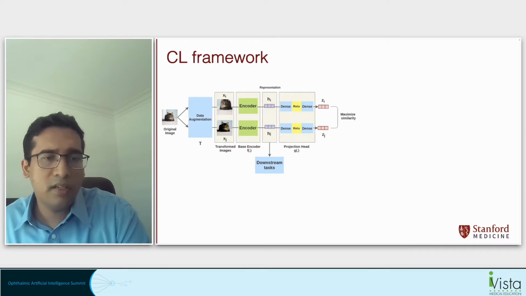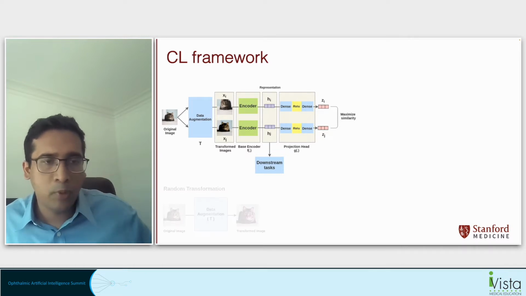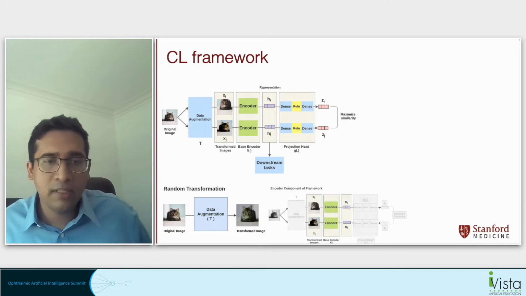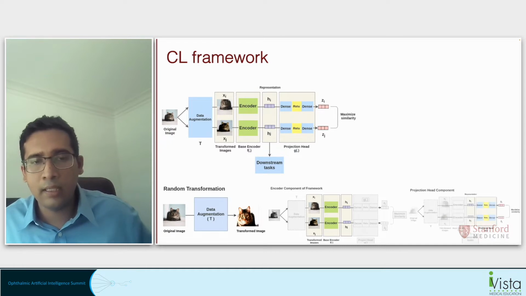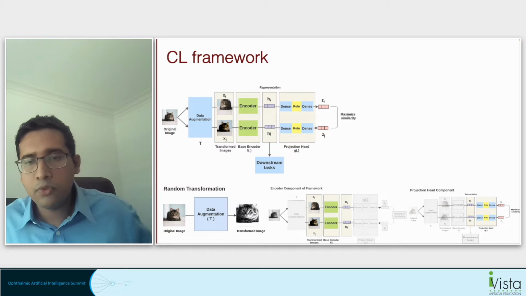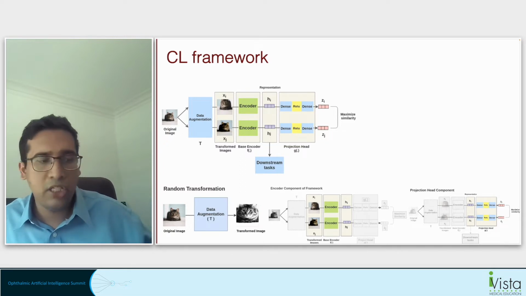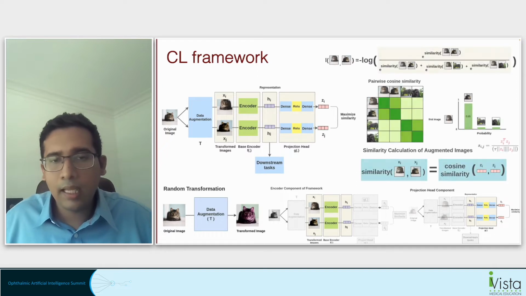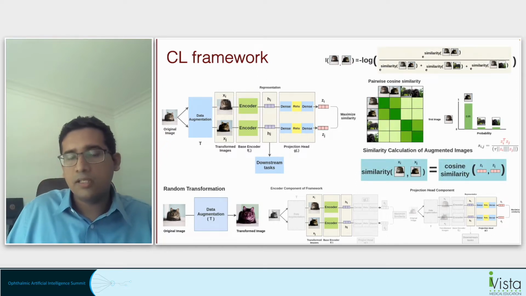In this contrastive learning framework, which was originally proposed by Google two years back, they do transformation and data augmentation. After that, it passes through the encoder and the projection head, and we get some sort of embedding called z_i and z_j. For each image, we get one pair. Based on that, the similarity functions are measured.